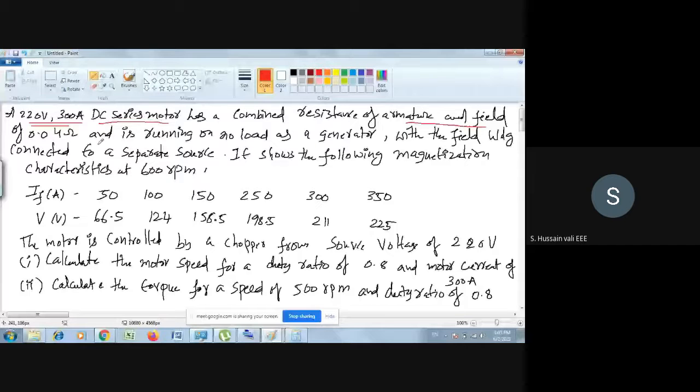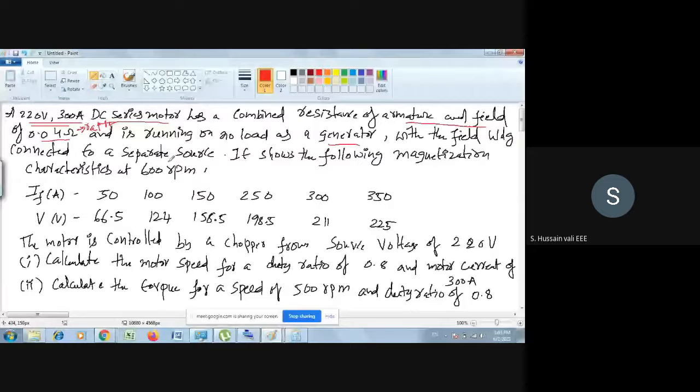So the RA plus RF value he has given in the problem is 0.04, and it is running on no load as a generator. That's important. The field winding is connected to a separate source.